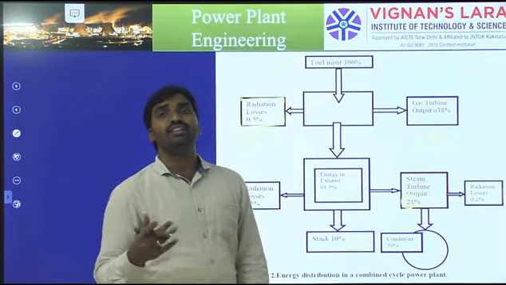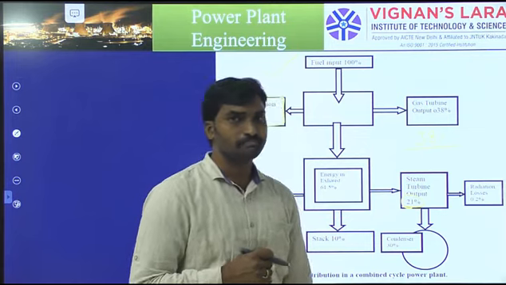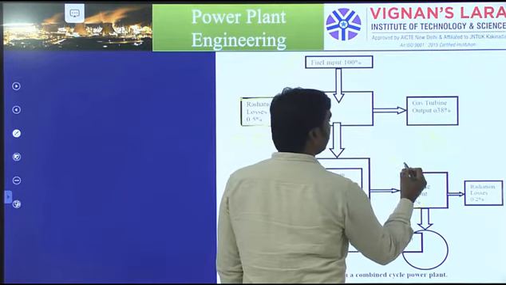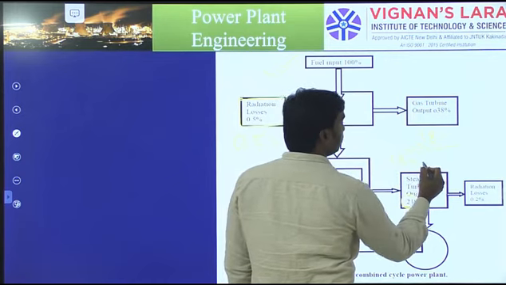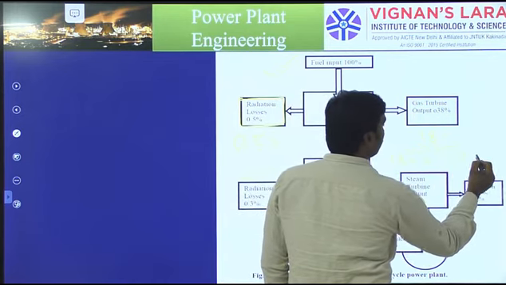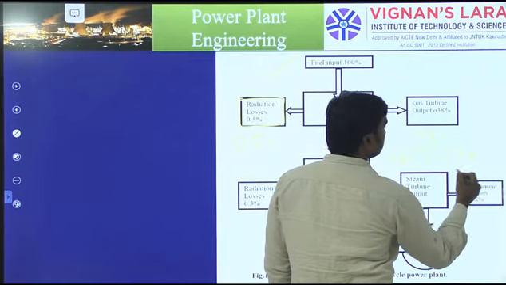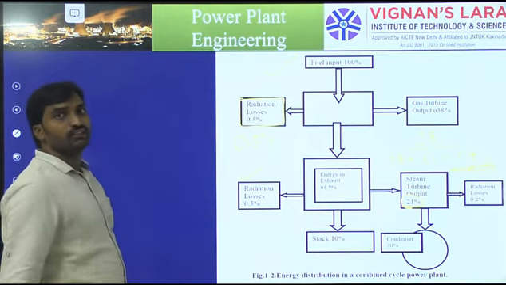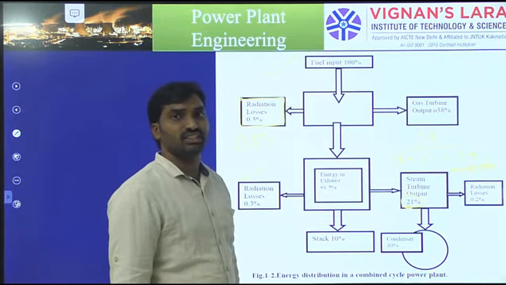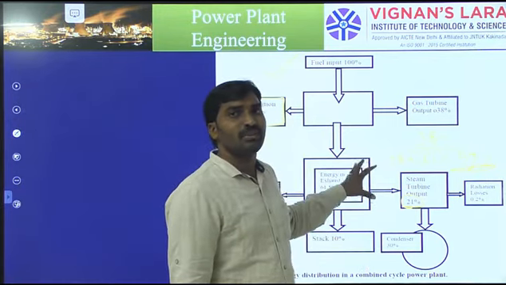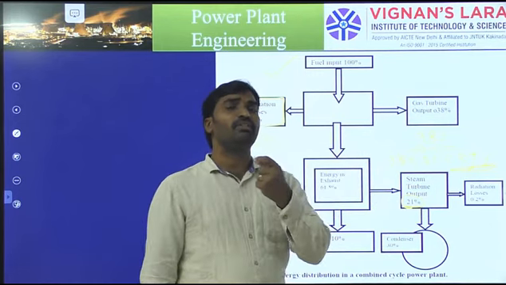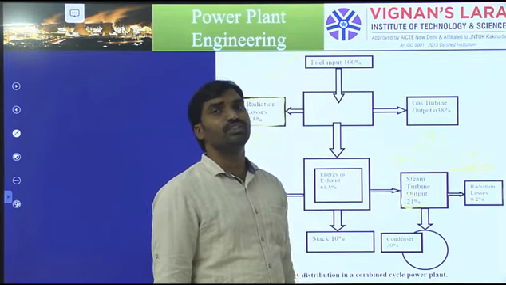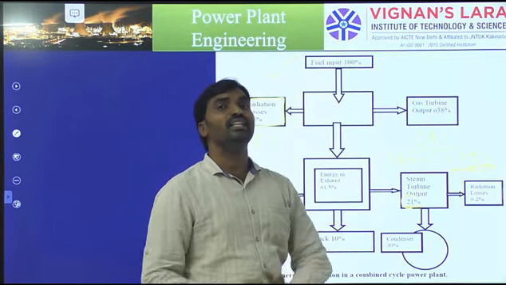So here we wasted 30% of energy, but overall the usable energy is 38% plus 21% here. So in total we are getting 59% efficiency. This is the case we discussed previously, that the efficiency of a combined power plant is around 60%. So these are the systematic divisions of power utilization. Here we are getting 21% efficiency without using any additional fuels.